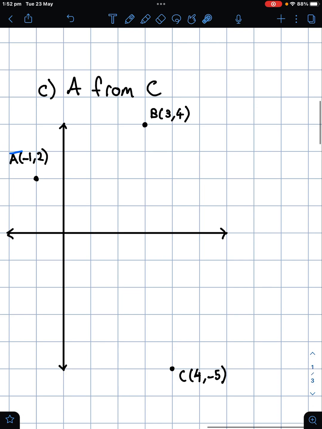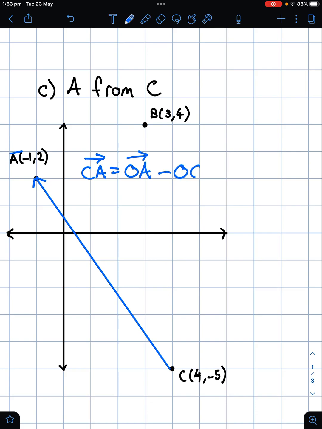All right, next one, A from C. Let's get this one right. So this means from C we go to A. This one here is going to be C to A equals OA minus OC, which equals -1 and 2 minus 4 and -5.